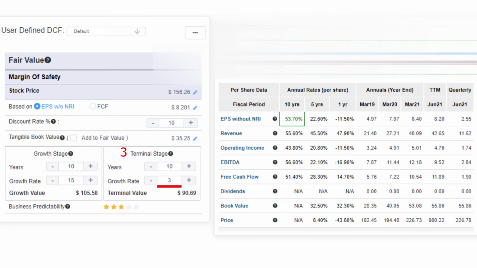This tends to follow inflation or GDP growth. So we're going to just use 3% for Alibaba over the next 10 years as a conservative estimate. Inflation generally will run around 2 to 3%, and China has seen a ton of GDP growth in the past. But just to be conservative, we're going to stick at 3% here.